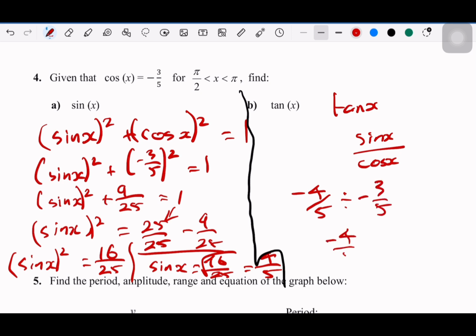A simple way to do this is just make it a times relation and flip the second number, -5/3. And so the 5's cancel out and the negatives also cancel out since there's 2. And that gives you 4/3. in this case tan x equals -4/3.